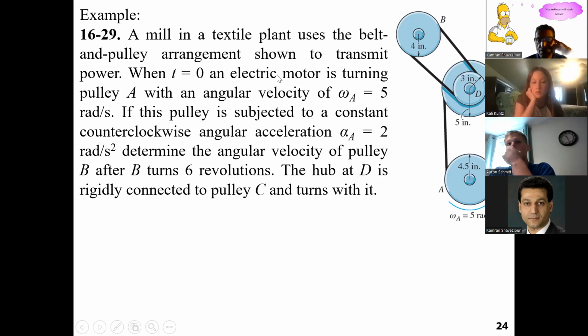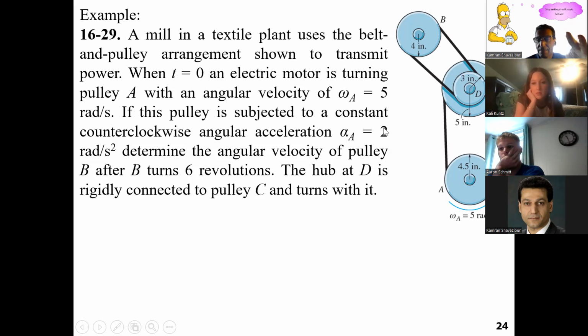It says when time is 0 at the beginning of the analysis, we have omega A here. So this is the initial situation. There is an alpha of 2 radian per square second for A, and it is counterclockwise, same direction. So technically, we start analyzing this when omega is 5, and this keeps increasing its omega because of alpha.